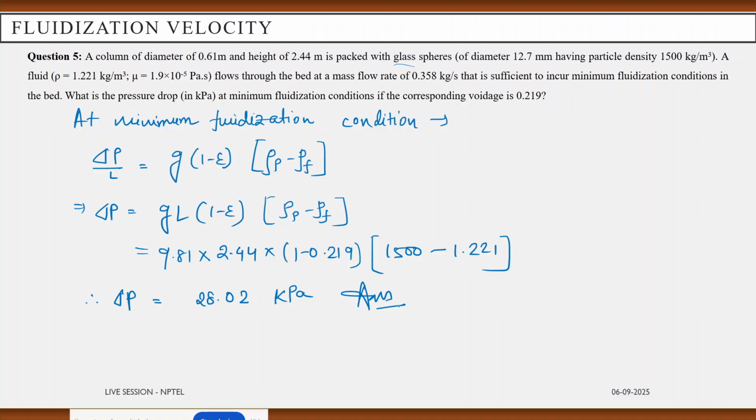So this is the equation for the pressure drop at a condition of minimum fluidization velocity.